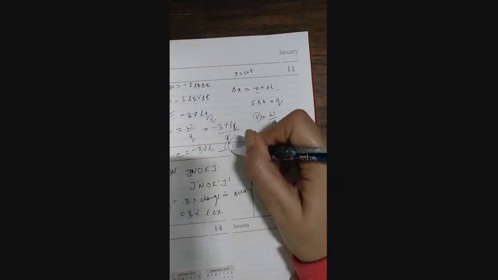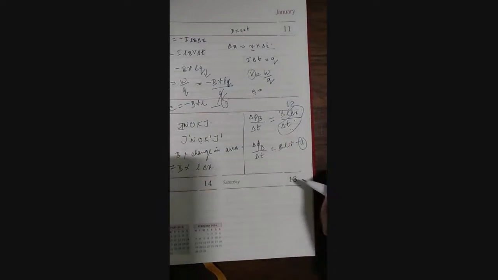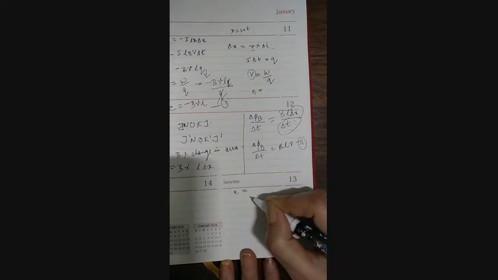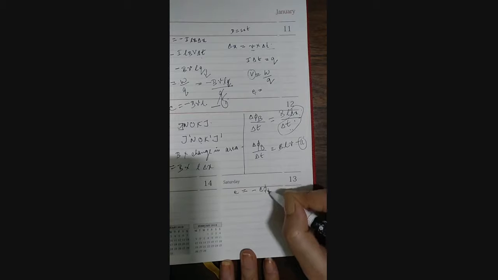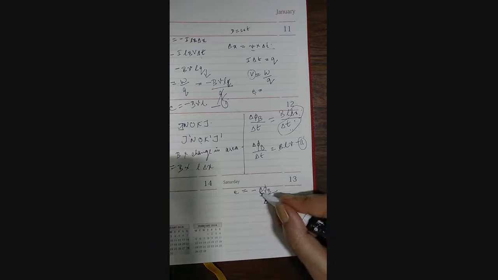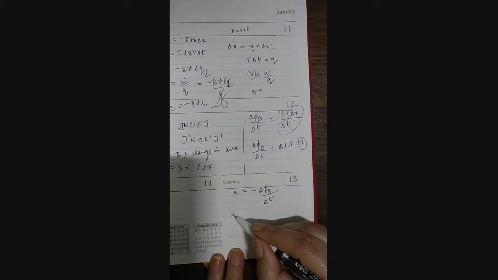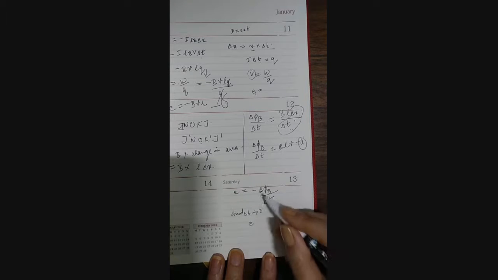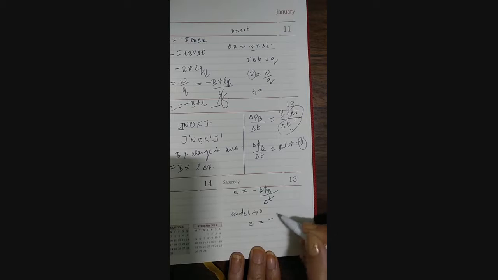Initially, this was equation number 1. Now comparing equations 1 and 2, we can write E is equal to minus del phi B by del t, or when the limit del t tends to 0, this can be changed to d phi B by dt.